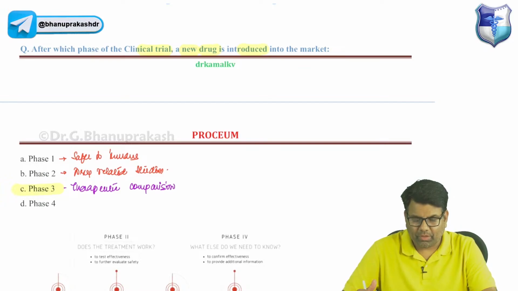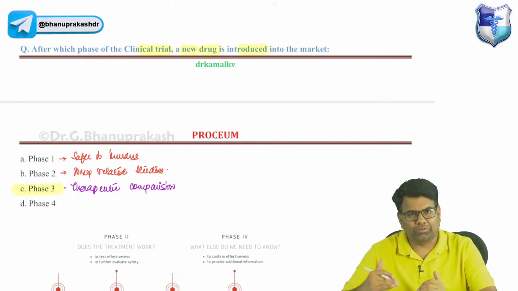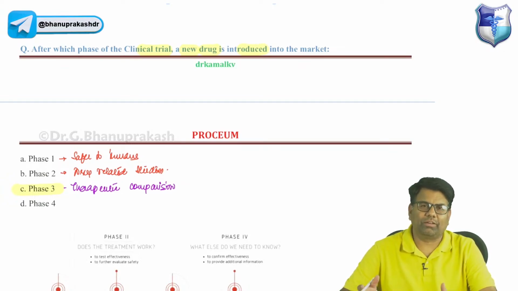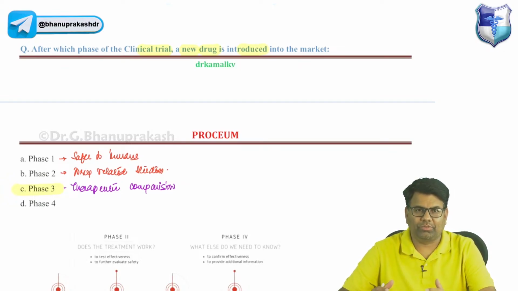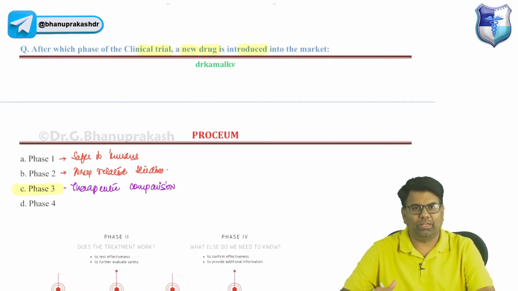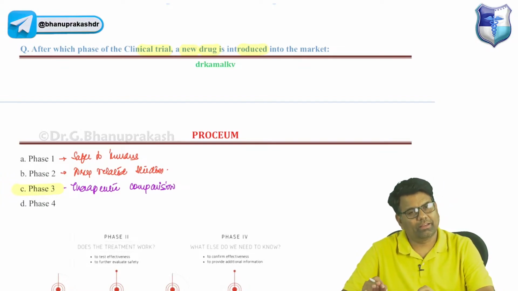Whatever drug we are planning to introduce in the market, we have to compare that drug with the already available options in the market. That is therapeutic comparison, and we just want to make sure that the drug we are planning to introduce into the market is superior to the already available option. So in phase 3, we will go for comparison.